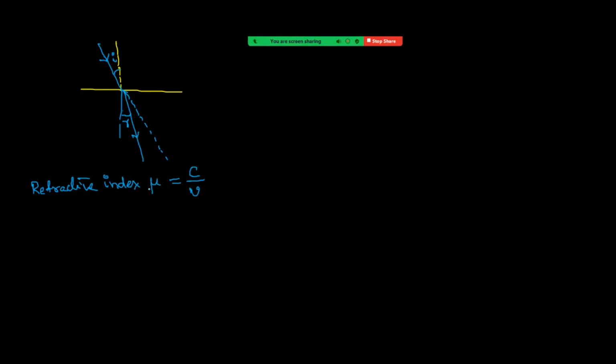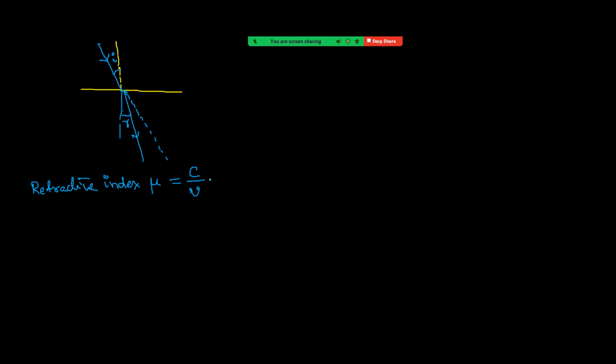For example, we want a refractive index of glass. Then this V stands for speed of light in glass. Suppose we want refractive index of water. Then this V stands for speed of light in water. So this is the way how refractive index of a medium is defined. C upon speed of light in that medium.